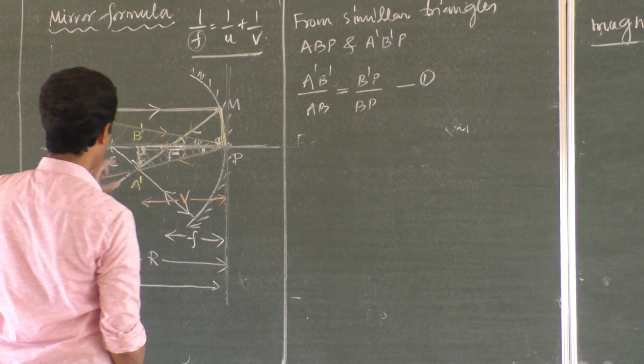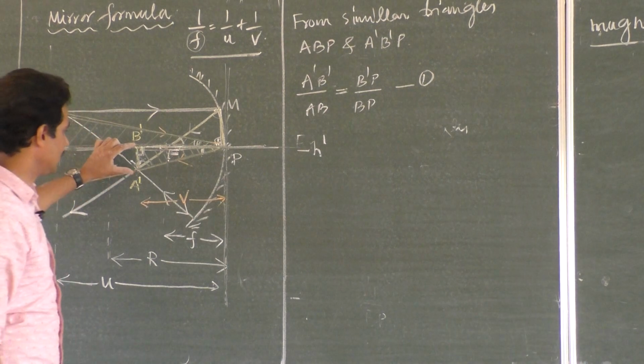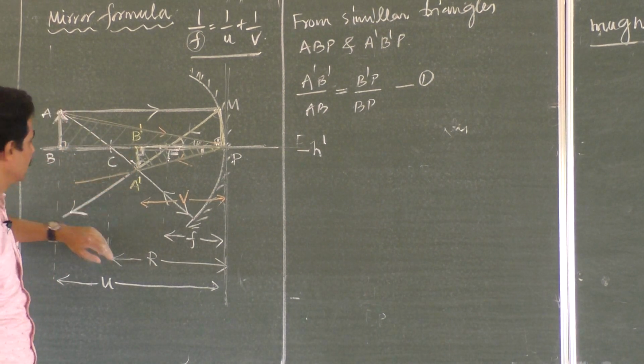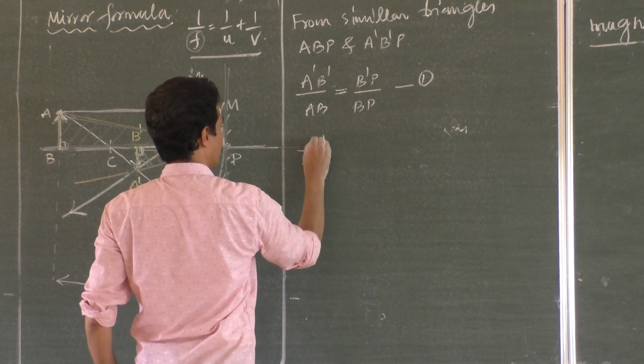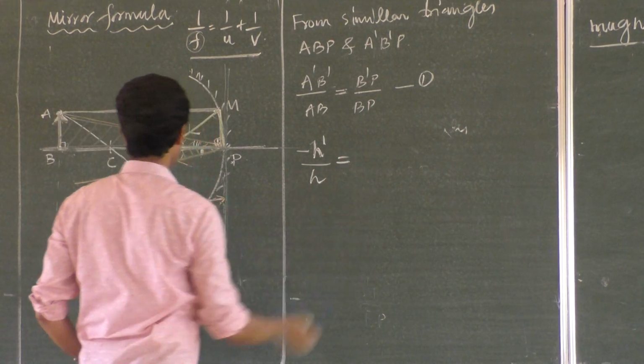Now A dash B dash, this one. So shall I write it as minus H dash? Because it is the height of the image, minus because it is below the principal axis. AB, that is H, height of the object, is equal to B dash P. What is B dash P?